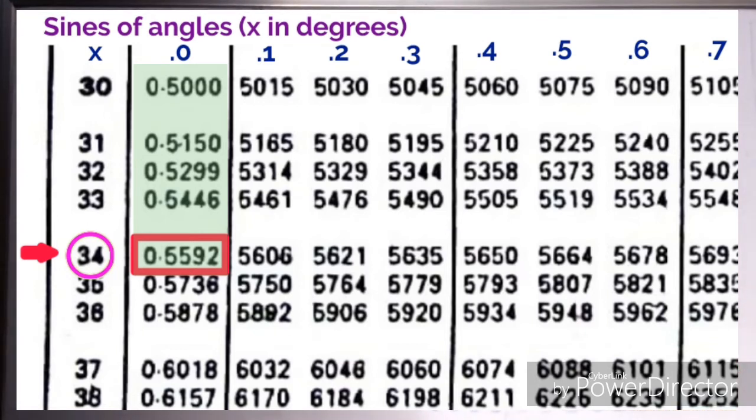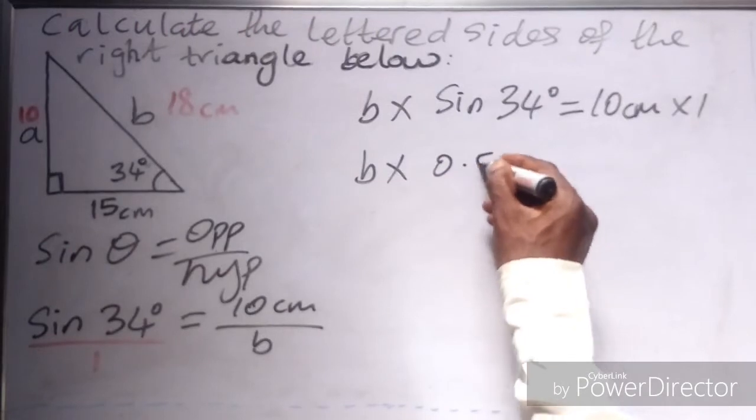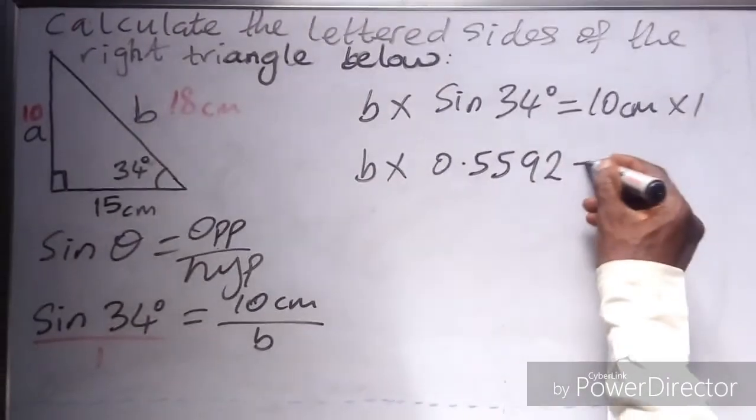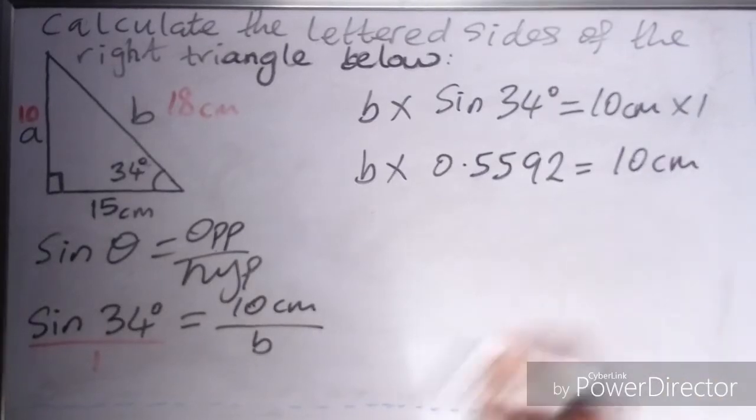That gives us the value of sine 34 degrees to be 0.5592. So we now have B times 0.5592, which is equal to 10 centimeters.